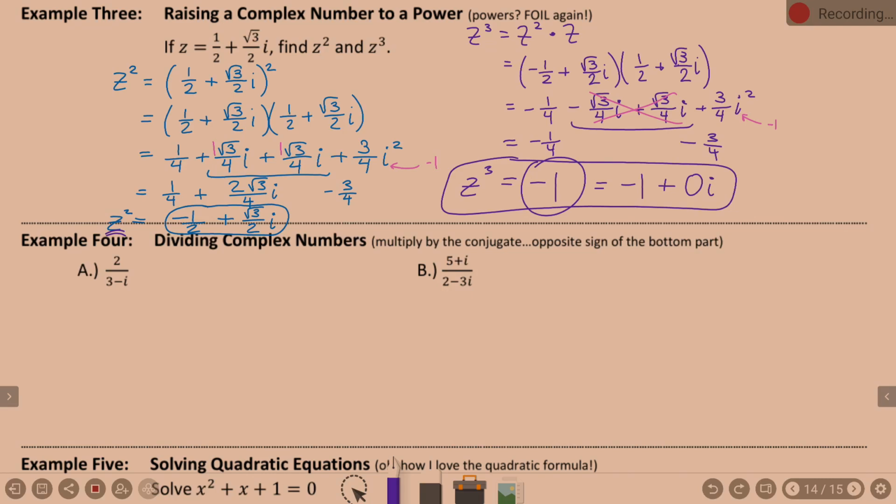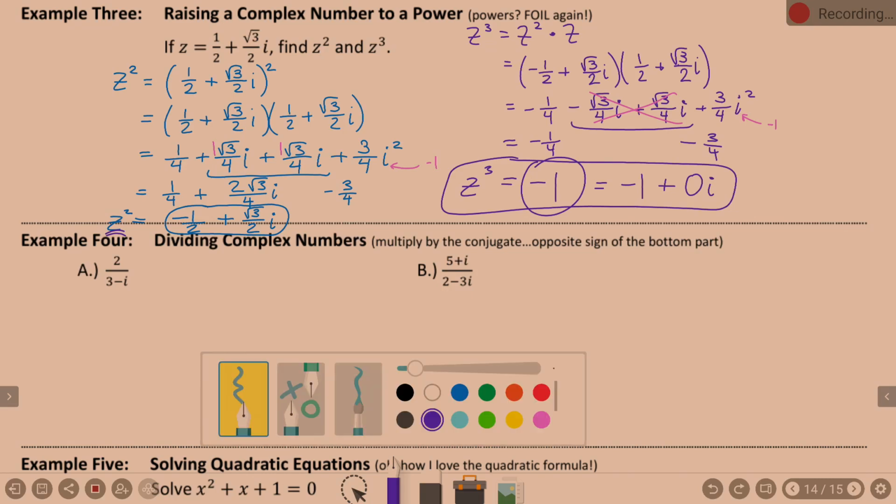So, do you remember something called the conjugate? Yeah, it's the opposite of the denominator. You're multiplying by the conjugate of the denominator. Conjugate is keeping your first and last terms the same, but just changing that middle sign. Okay? So, with that in mind, 2 over 3 minus i, what is it I'm going to multiply by?